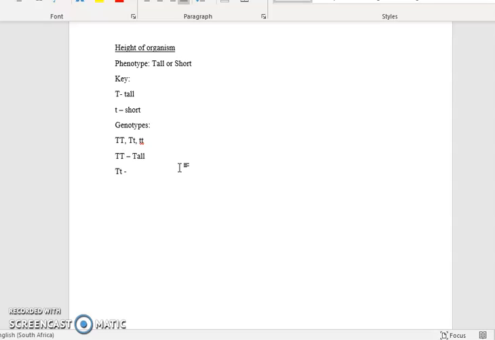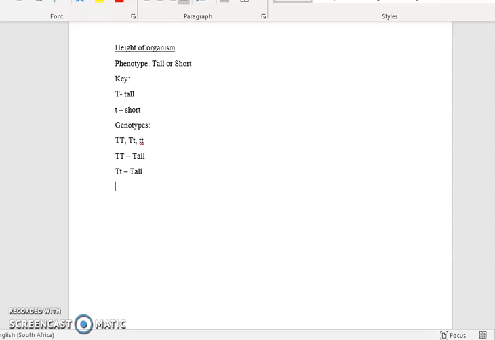This is one allele for tallness and a second allele, little t, for shortness. But we've already established that the allele for tallness is dominant over the allele for shortness. So this person is going to be tall.